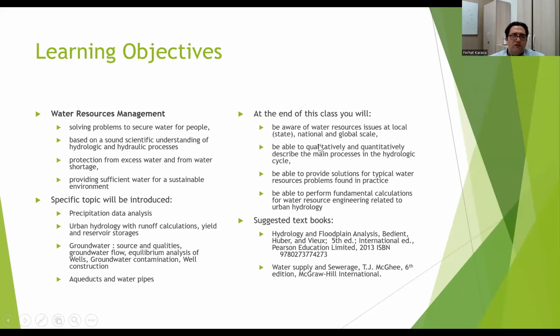Okay, so I'd like to start with the learning objectives, because it is a separate part of the course. It is hydrology, and in this course you are supposed to learn some information about water resource management, focusing on how to solve problems to secure water for people, and it is also going to provide you some basic or fundamental scientific information on hydrology and hydraulic processes.